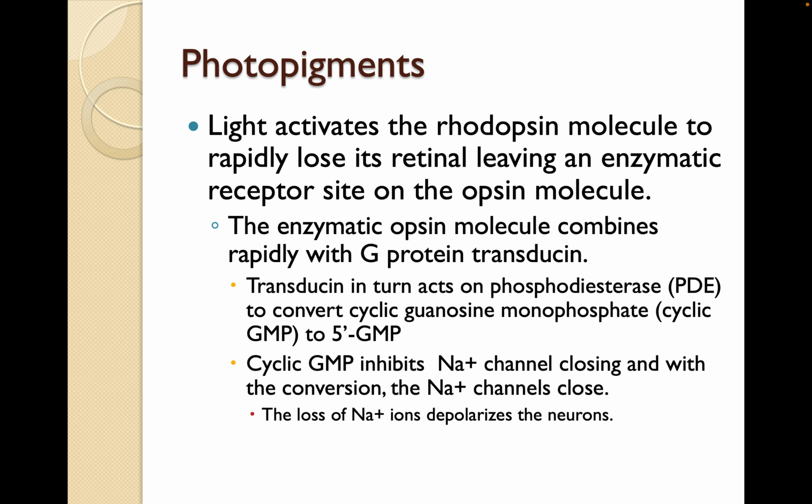Transducin, in turn, acts on phosphodiesterase to convert cyclic guanosine monophosphate, or cyclic GMP, to 5-GMP. Cyclic GMP keeps the sodium channels open, and with the conversion, the sodium channels close. The loss of sodium ions hyperpolarizes the neurons.